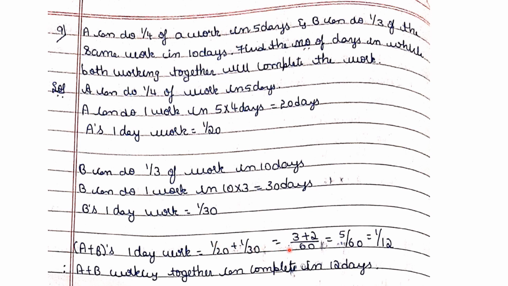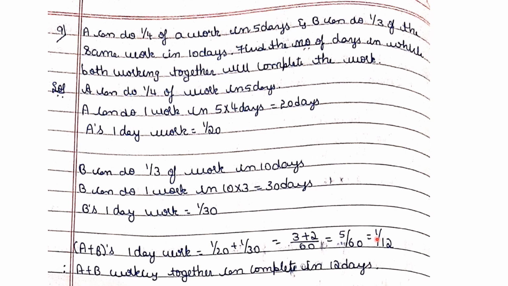If you take LCM it will become 60. So 5 divided by 60 is equal to 1 divided by 12. So if A plus B are working together, they will take 12 days to complete the whole work. So A plus B's 1 day work is 1 divided by 12, and overall, together, it will become 12 days.